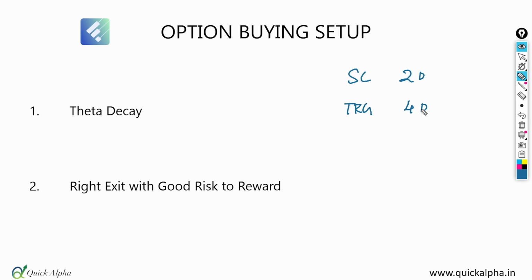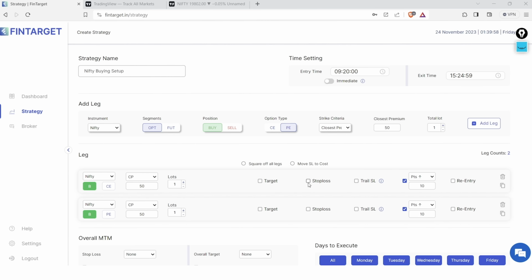Now we have an SL at 20 points and a target at 40 points. Let's go to Fintarget and place the stop loss and target. We'll place our stop loss at 20 points for both legs, both C and P, and we'll place a target at 40 points. So 1:2 is what we are looking at.